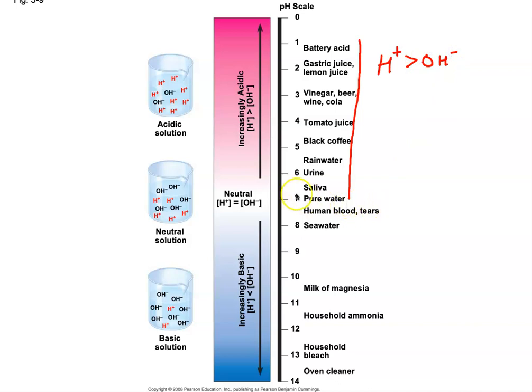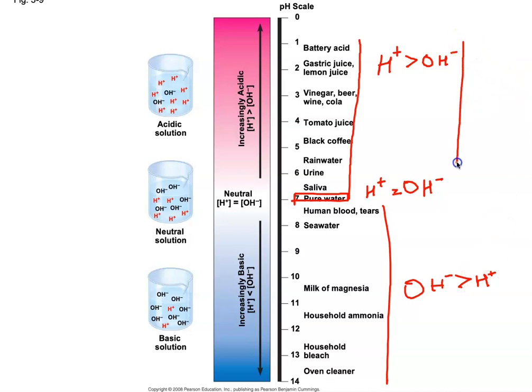Barring the 7, the 7 is going to be H plus equal to OH minus ions. And everything from here on down, the OH minus ions are greater than H plus ions. Everything up here, because the H plus ions are greater, are called acids. Everything in this zone are called bases.